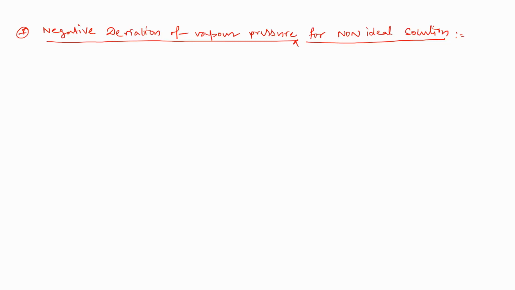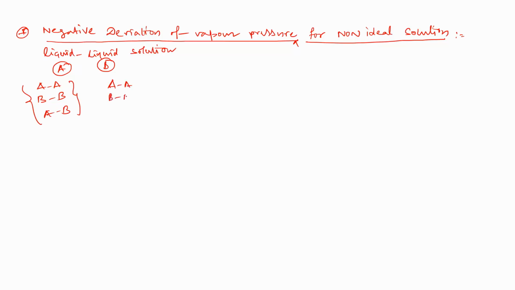We know that it is a liquid solution, with component A and component B. So there are AA interaction, BB interaction, and the AB intermolecular attractive force. But when the negative deviation happens, the AA interaction and BB interaction will be weaker than the AB interaction.